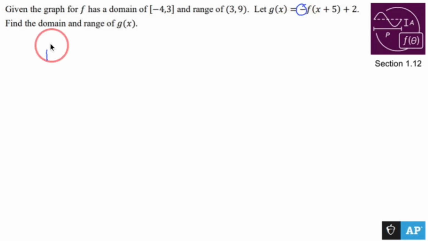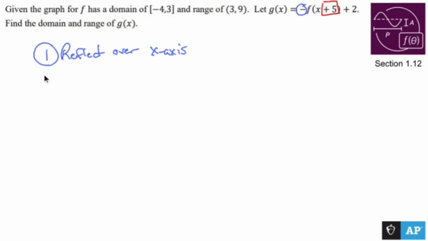Always deal with the fact that there's a negative in front of f of x. That tells me I have a vertical reflection over the x-axis. So step number 1, we're going to reflect over the x-axis. Okay, vertical reflection. Now what I'm doing is adding inside the f of x part.